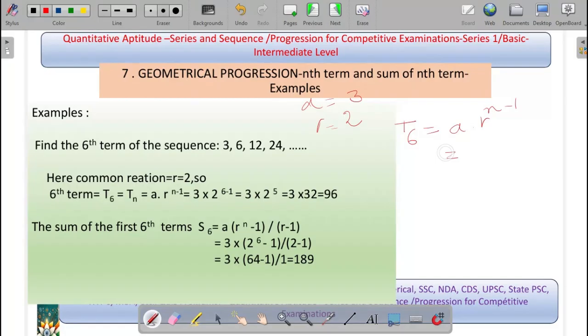This is the formula. 2 to the power 5 is equal to 32. So 3 into 32, and this answer will be 96.